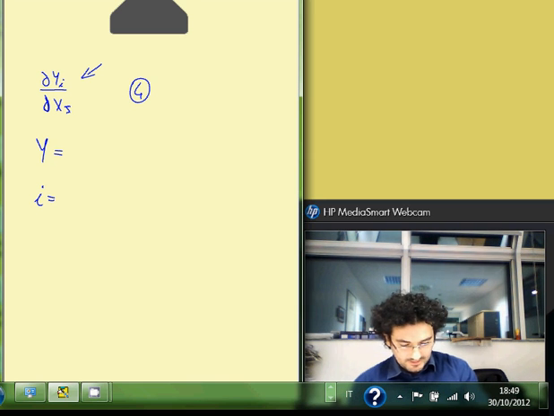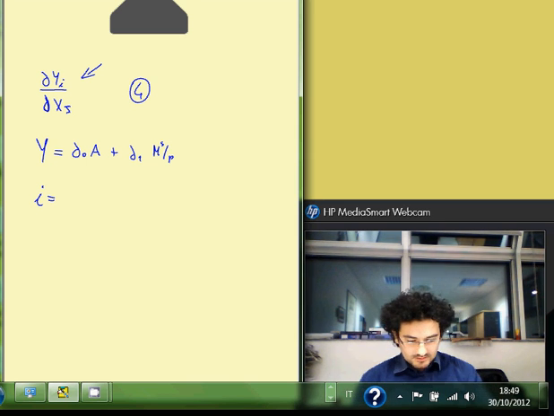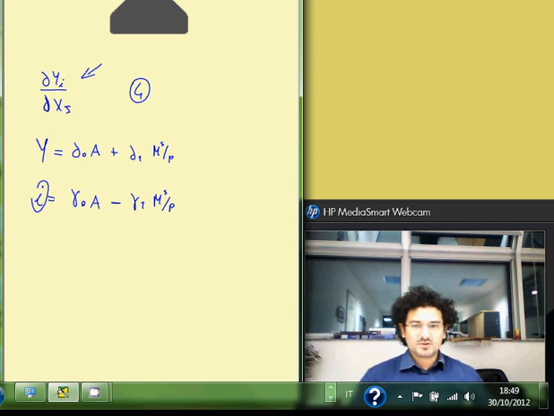If we solve the model, we have the income y equal to delta 0 plus delta 1, which multiplies the real money stock, MS divided by P. In the same way, we can consider the interest rate equal to gamma 0 minus gamma 1, which multiplies MS divided by P, the real money stock.